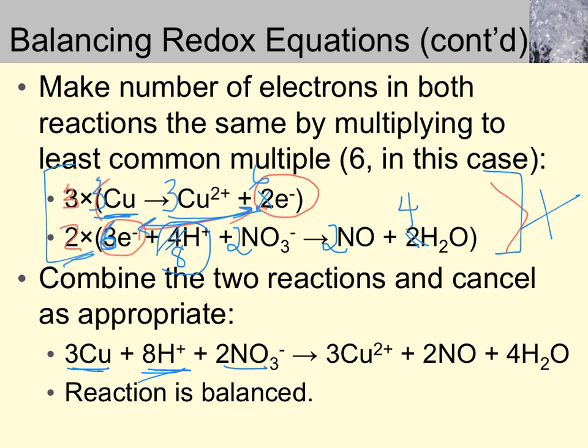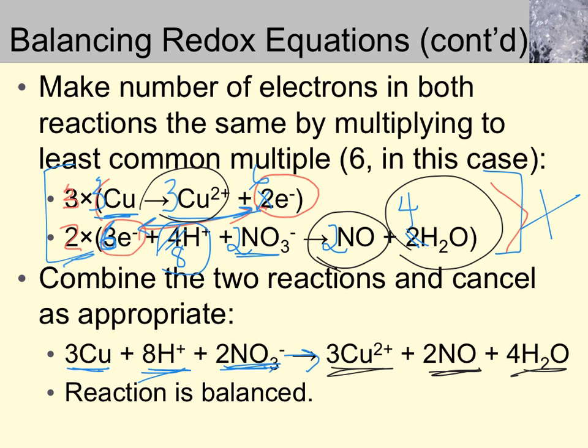I've already canceled out my electrons. 2 nitrate. Okay, those are all of the reactants. And put your arrow and add together all of the products. We have 3 copper ion. What else is a product? 2 NO and 4 water.